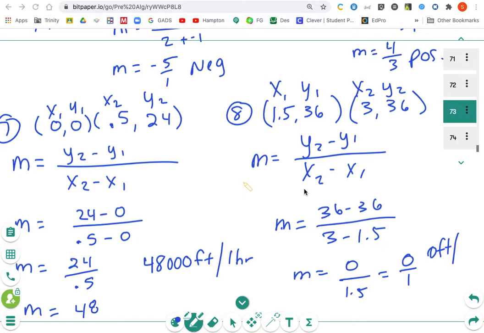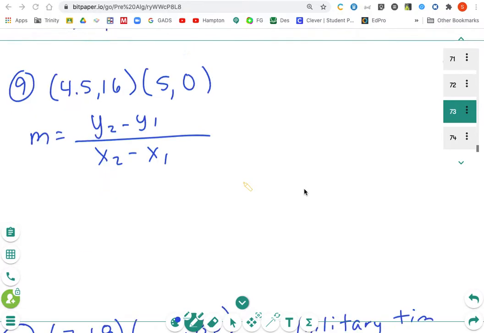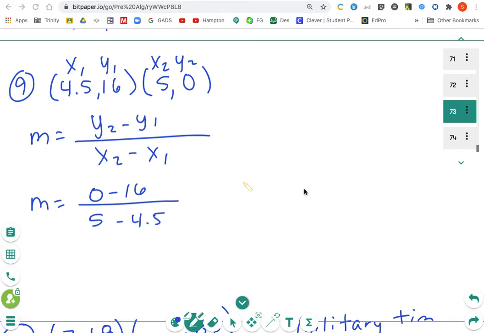Okay, let's go ahead and take a look at number 9. Number 9, we have 4.5 minutes, so x1, y1, x2, y2. Do our substitution step. 0 minus 16 over 5 minus 4.5. M equals negative 16 over 0.5.